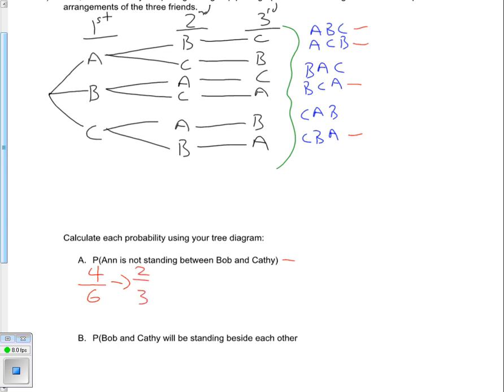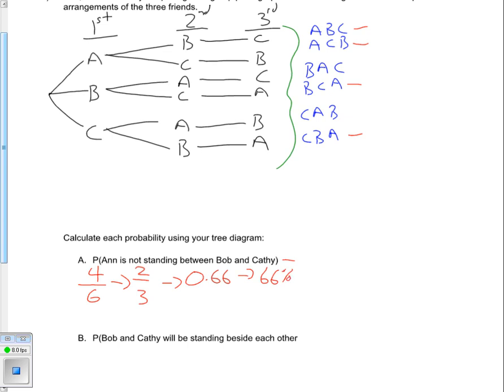So 2 out of every 3 combinations, we have Bob and Kathy standing together with Anne not in the middle. We can also extend that into a decimal, which would be 0.66, and then convert that into a percentage, which is going to be 66%.